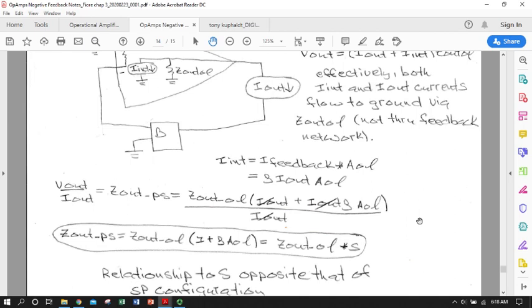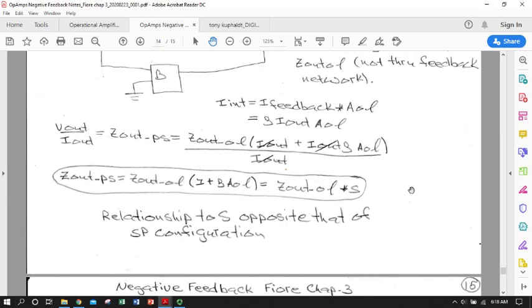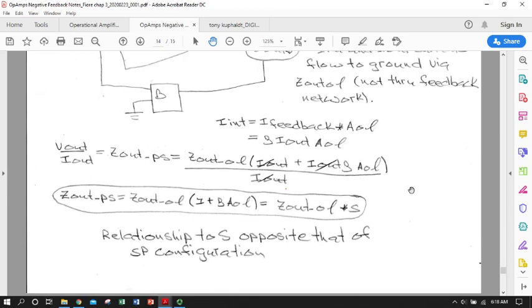If we hook our negative feedback network up series parallel, we're going to raise the input impedance and lower the output impedance. And this is good in both ways, because if we're using a parallel series feedback network, it's because we're going for current gain, and we will get a better signal if we reduce that input impedance and raise the output.